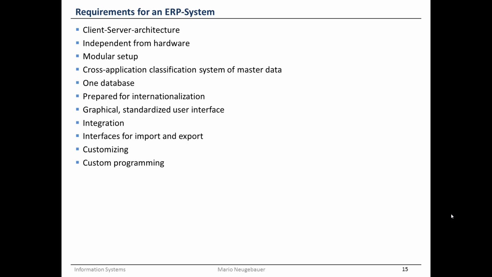Standardized then means more that the behavior of the user interface and the usage aspects are standardized. So maybe colors, maybe the semantics of buttons, maybe the semantics of different terms. That's what is meant by standardizing the user interface.